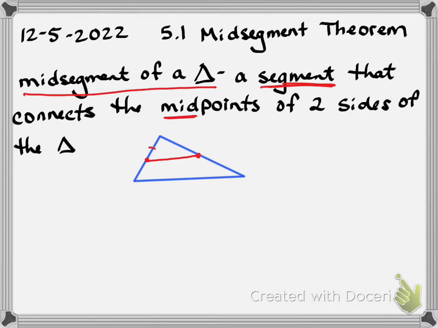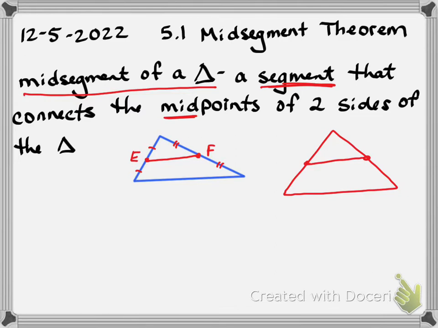And you would know that that was a midpoint because those two parts would be equal. Let's call that E. You'd know E was a midpoint because those two parts would be equal. And you would know F was a midpoint because these two parts would be equal. And if you drew a triangle, you could connect these two midpoints for that midsegment.